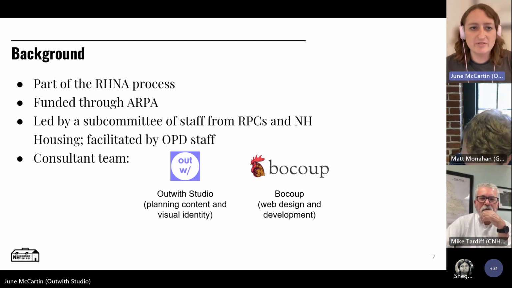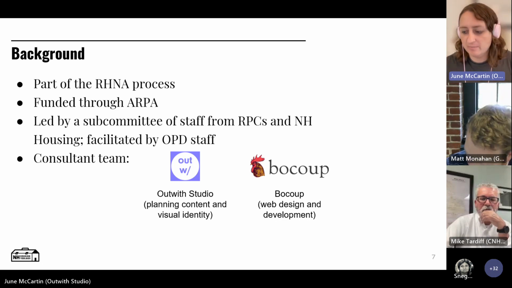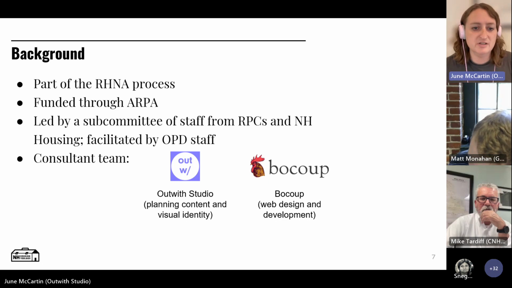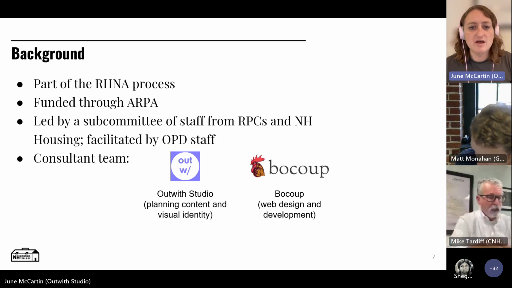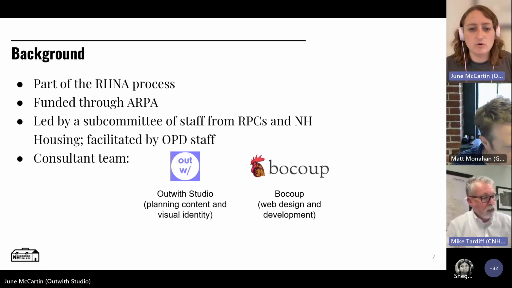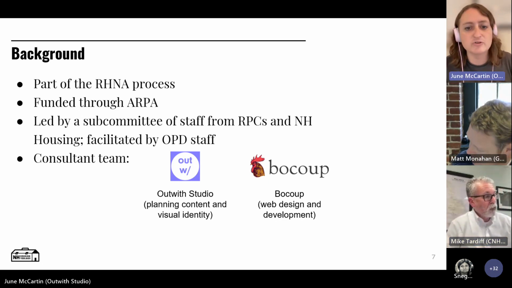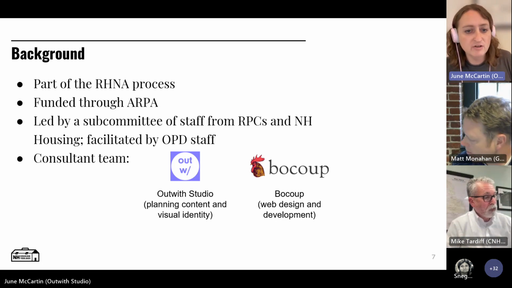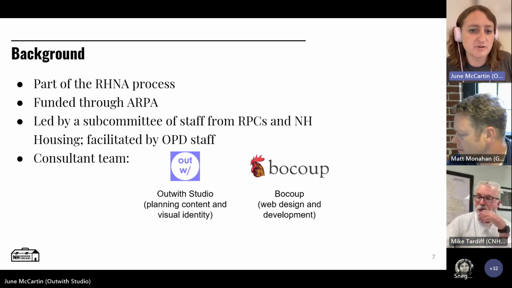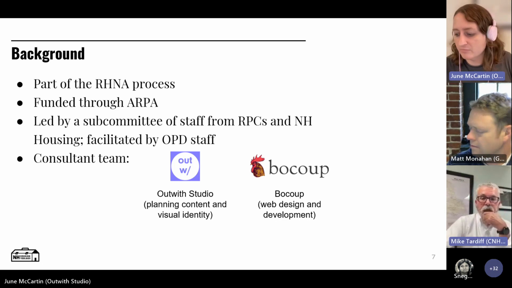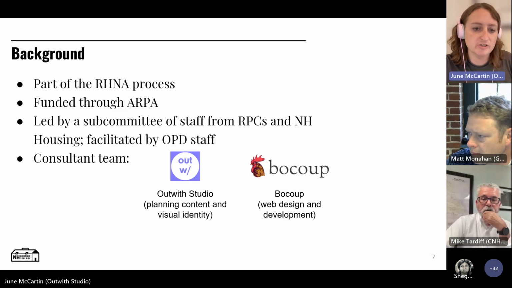Some background on where this came from. It's part of this statewide coordinated regional housing needs assessment process, where all of the RPCs are undertaking an RHNA process. That whole effort, and really the toolbox specifically, was funded by ARPA, the American Rescue Plan Act. That's money from the federal government that was earmarked for a number of purposes, some of which relates to housing.